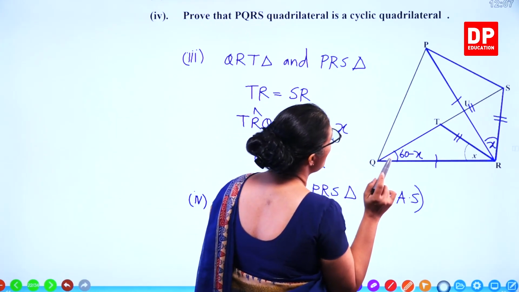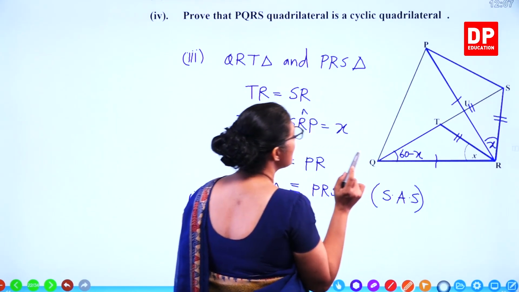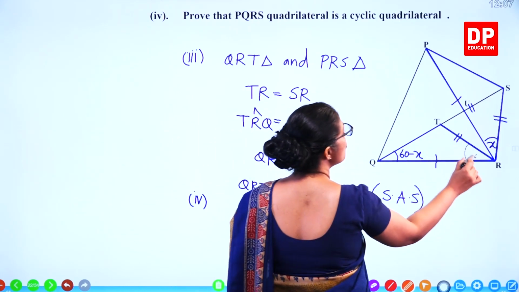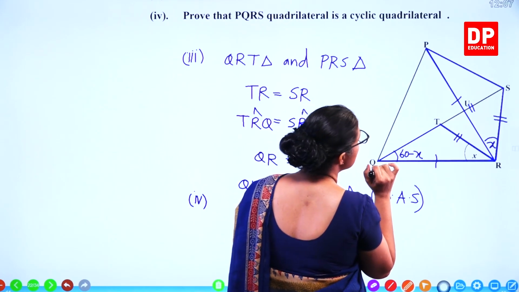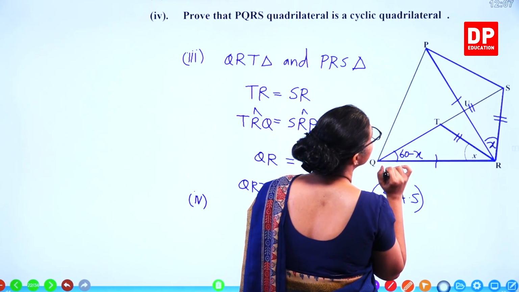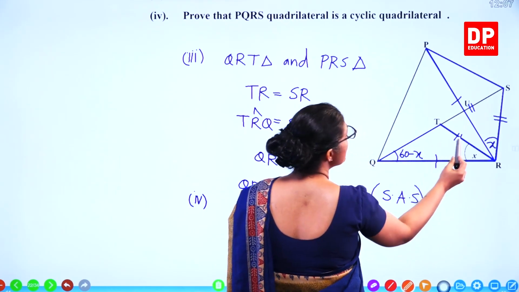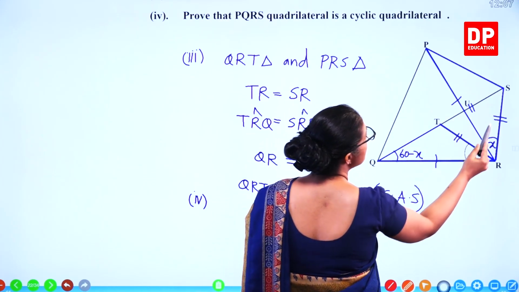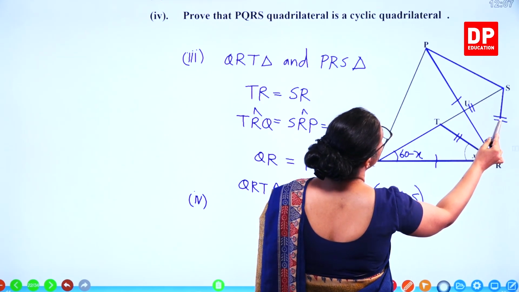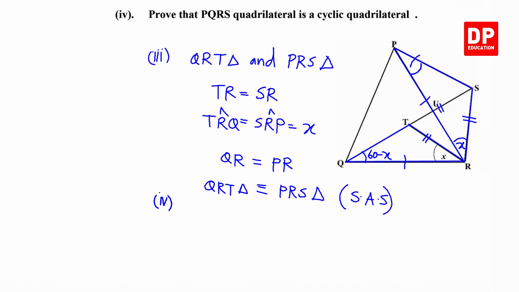So we'll check that out. So we found out these two triangles are congruent. So what is this angle? So opposite to this double line angle is 60 minus x. So that means opposite to double angle, this is also 60 minus x.